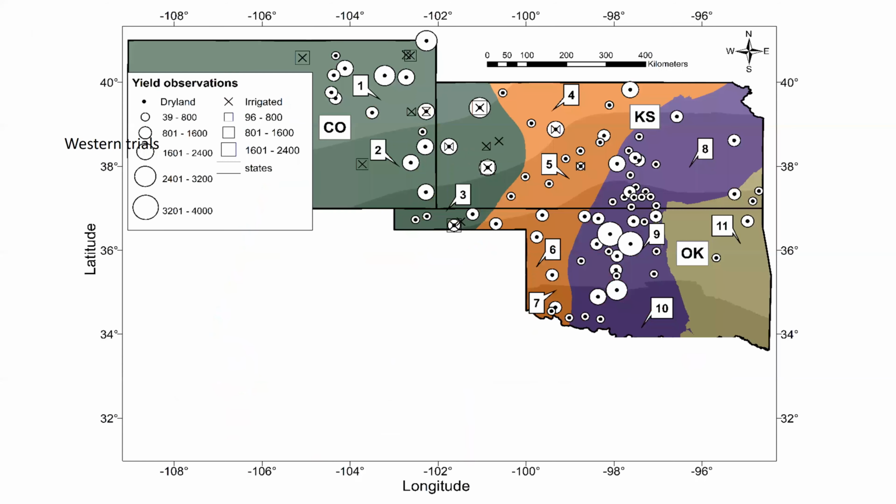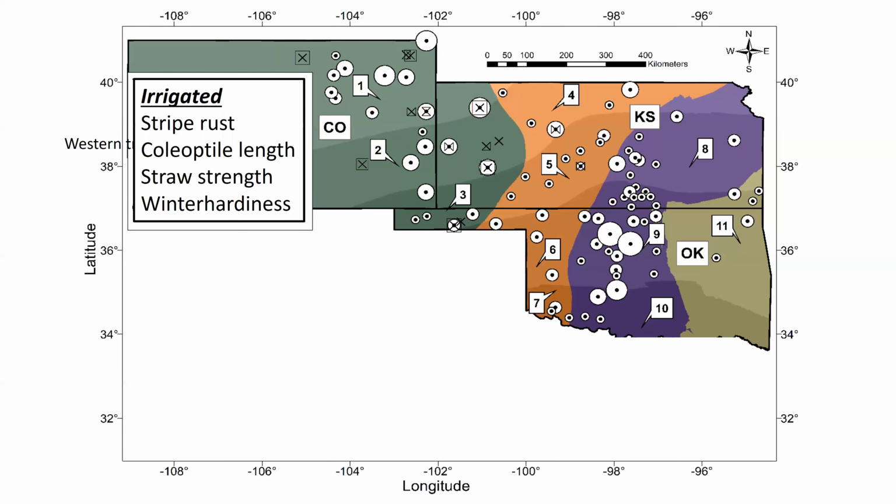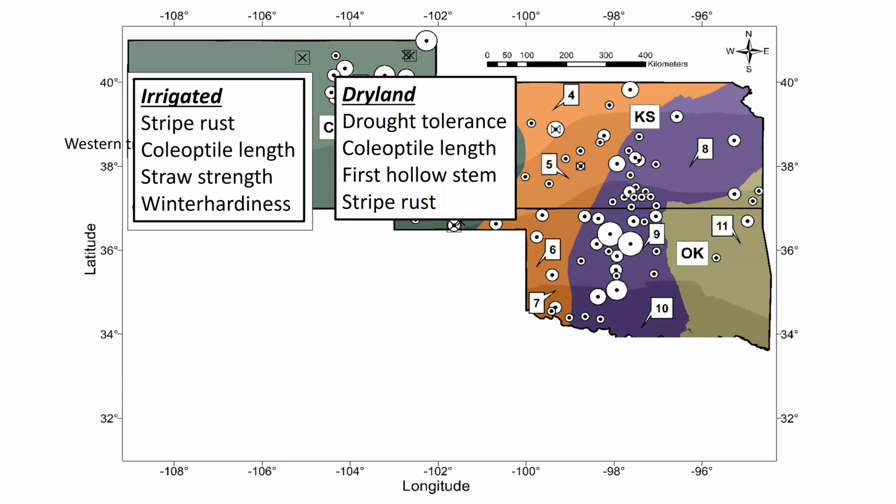From a variety perspective, what we're seeing is that it depended on our main management. In irrigated trials, a few traits of interest were stripe rust, coleoptile length, straw strength, and winter hardiness. For dryland trials in the west, they were drought tolerance, coleoptile length, first hollow stem, and stripe rust.